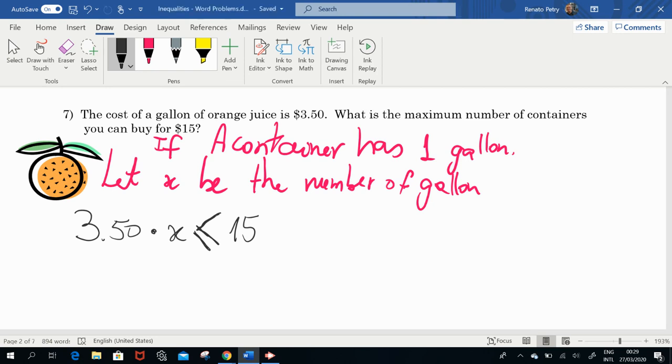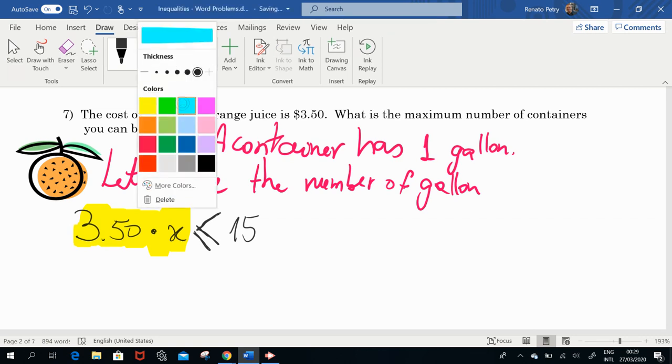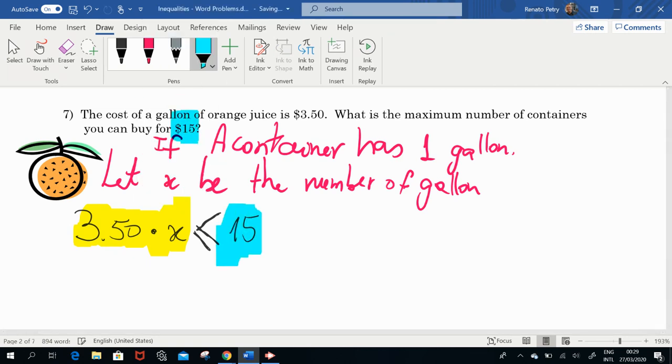All of what I spend here has to be less than the $15 I have, because this is the maximum I can buy. So this is quite easy.